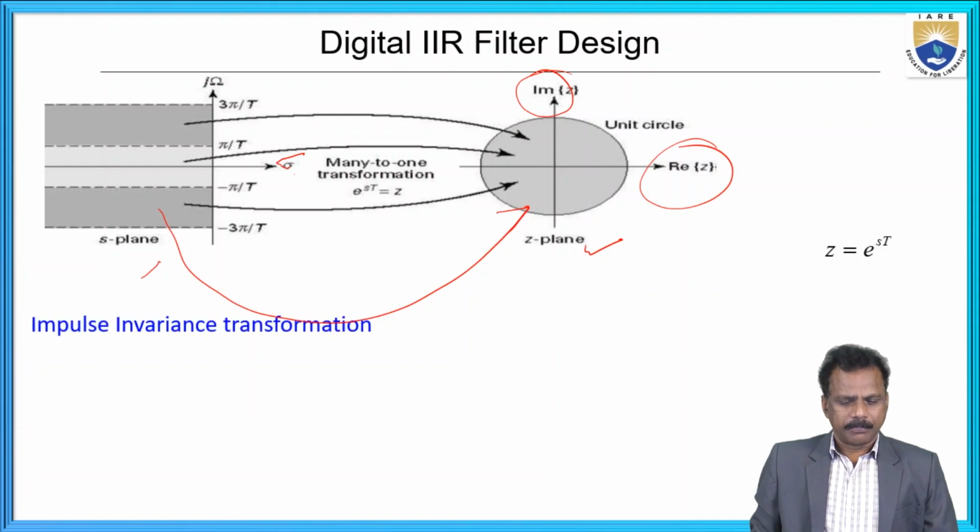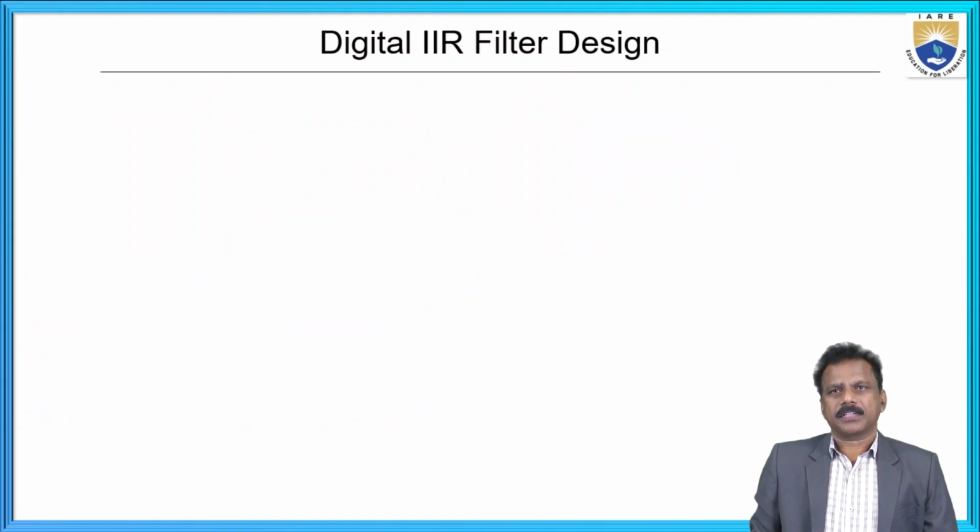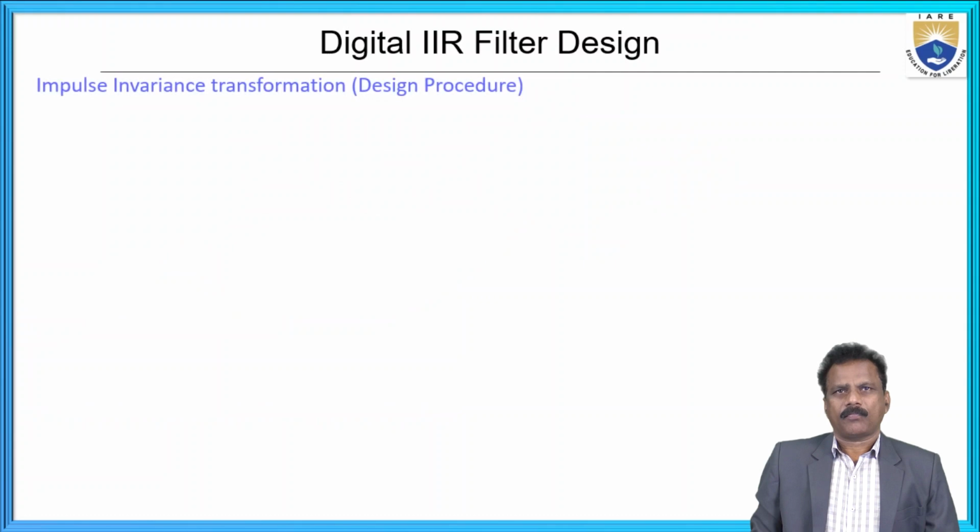That means impulse invariance transformation. After that we will see that it preserves the shape of the impulse response. Next, impulse invariance transformation: what are the design procedures?